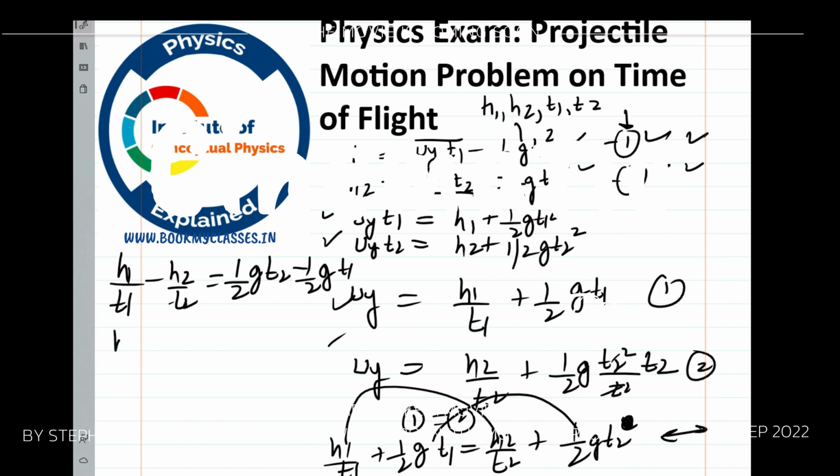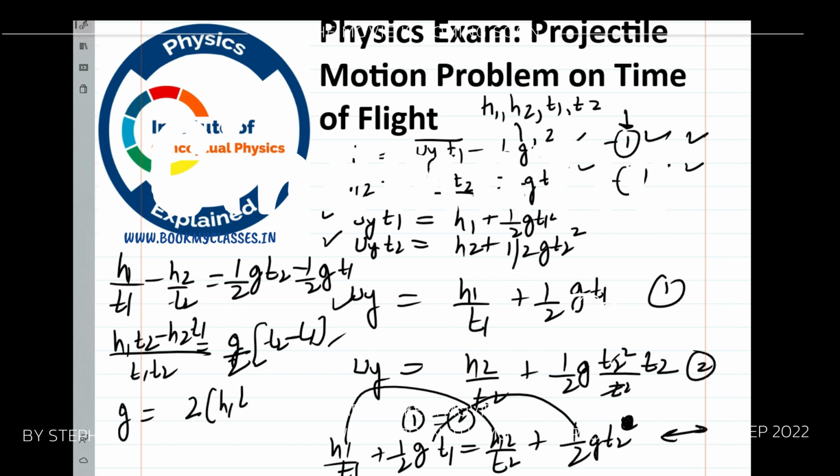Okay, so this will become (h1 t2 minus h2 t1) upon t1 t2 is equal to g by 2, times (t2 minus t1), right? And then I can write g is equal to 2 (h1 t2 minus h2 t1) upon, and I can collect these two, t1 t2, and this will become my expression which I've taken, t2 minus t1.